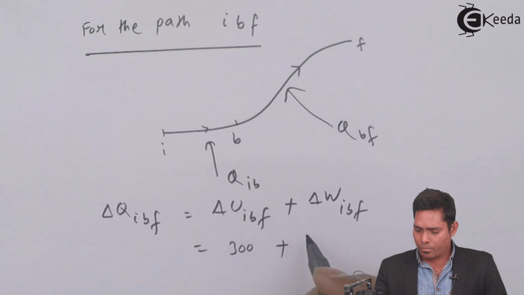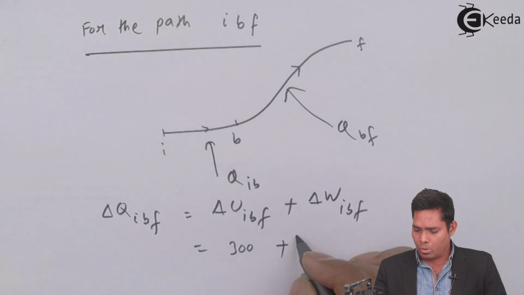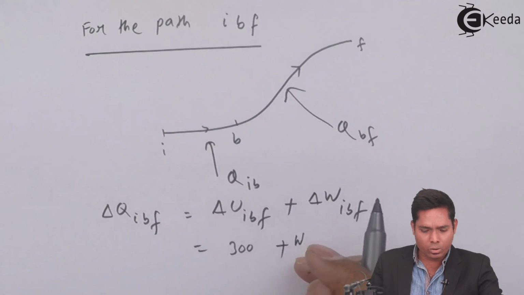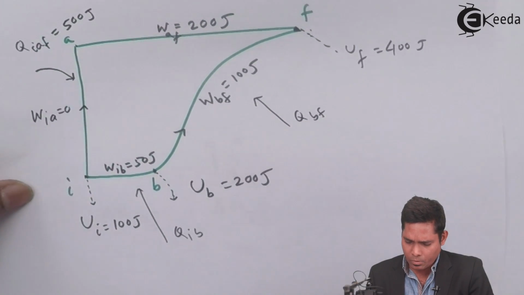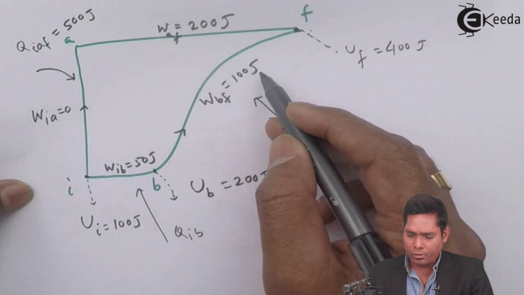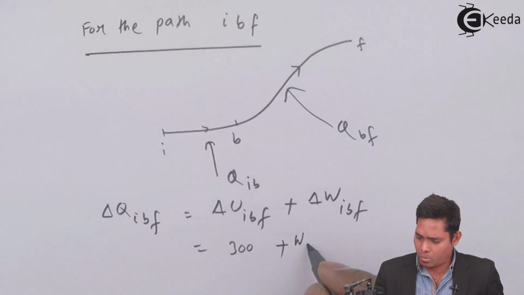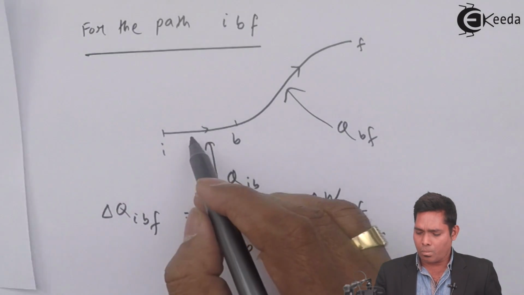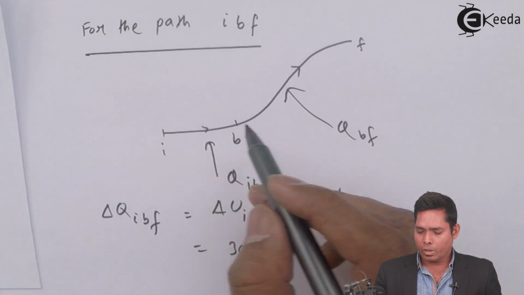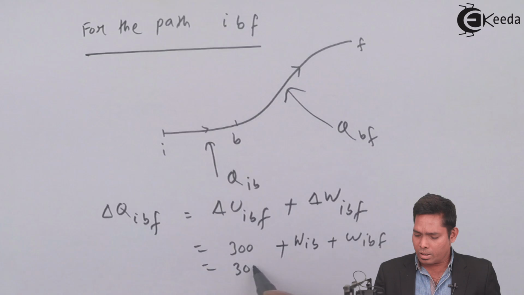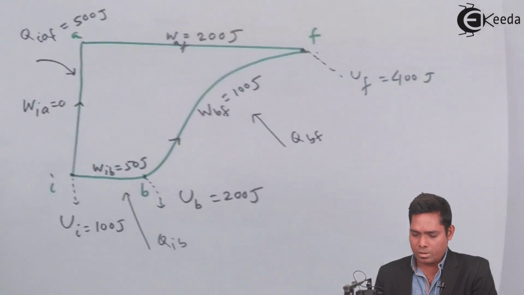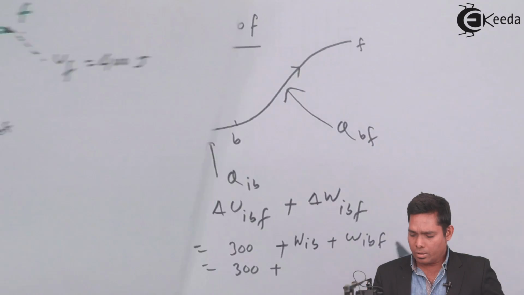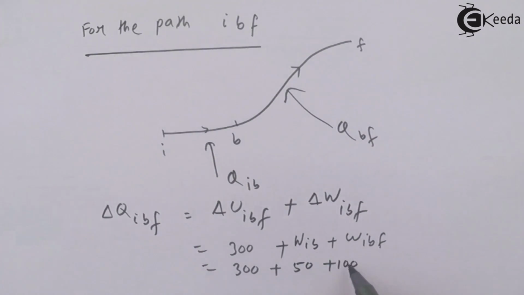So it is 300 plus 50 plus 100, which comes out to be 450.